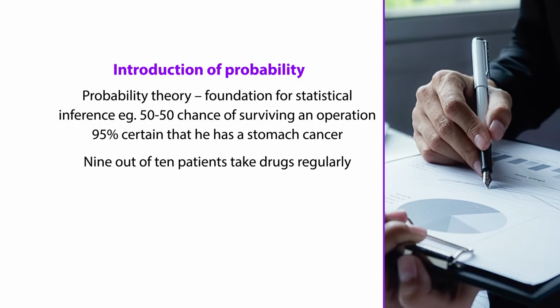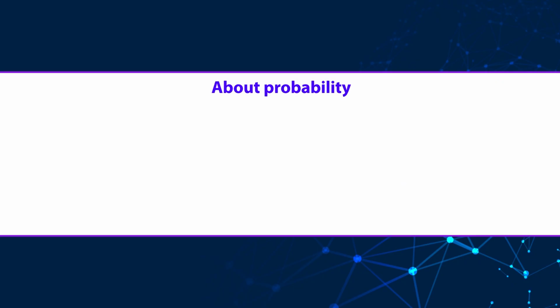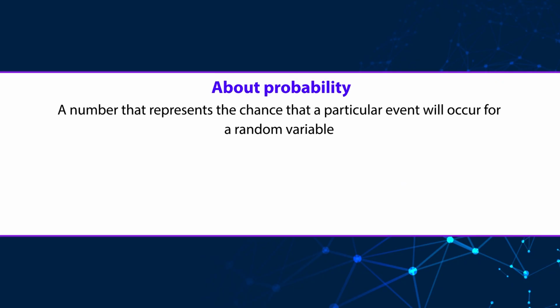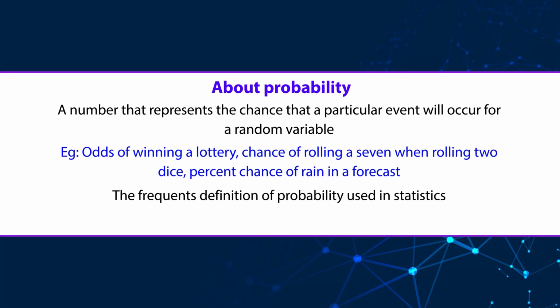Probability is generally expressed in terms of percentage, and mathematically in terms of fractions, so the probability of occurrence lies between 0 and 1. It is a number that represents the chance that a particular event will occur for a random variable, such as the odds of winning a lottery, the chance of rolling a 7 with two dice, or the percent chance of rain in a forecast. This is the frequentist definition of probability used in statistics.